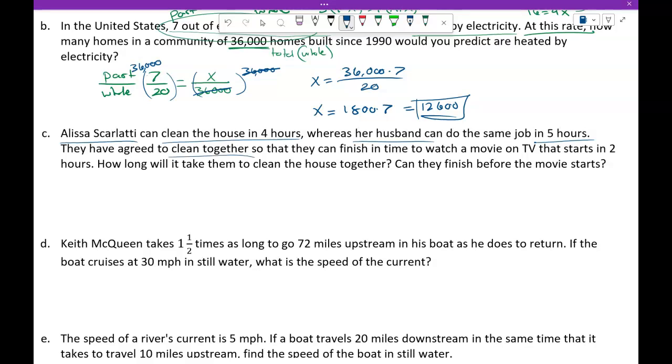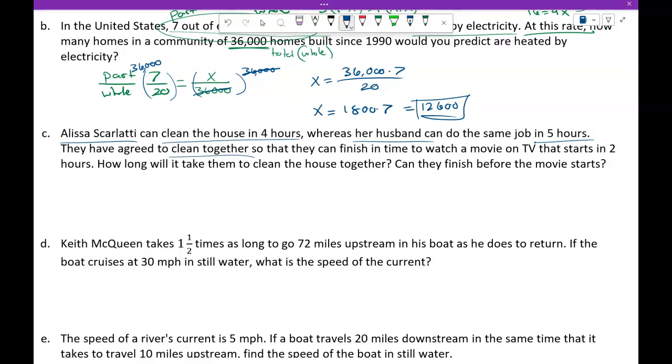So what happens when we combine the work is that every hour Alyssa completes a certain amount of the task, and her husband completes a different amount of the task in that same amount of time based on how fast they work. And working together, they will complete the job in a shorter amount of time.